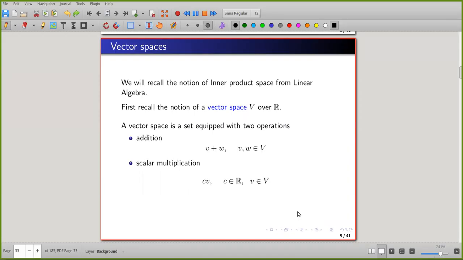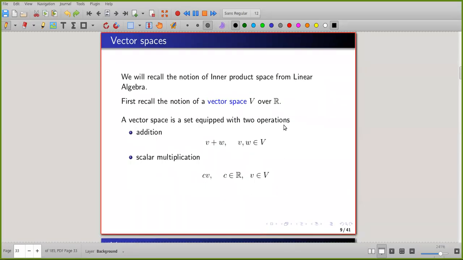A vector space is a set equipped with two operations. We have an addition, so we should be able to add two vectors. And we have scalar multiplication. The underlying field is R, so we should be able to multiply each vector by a scalar in the underlying field, and that should give us a new vector.